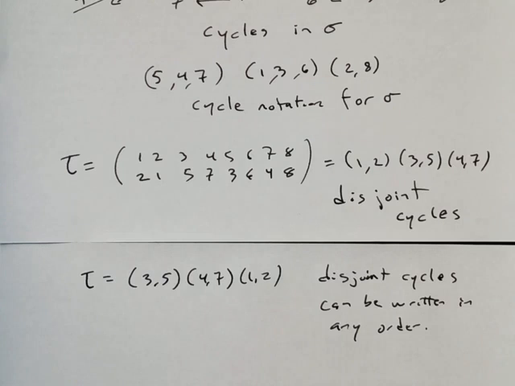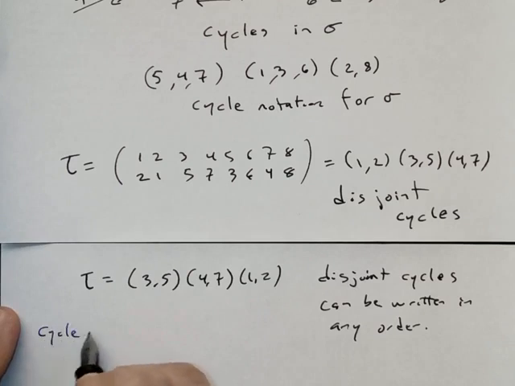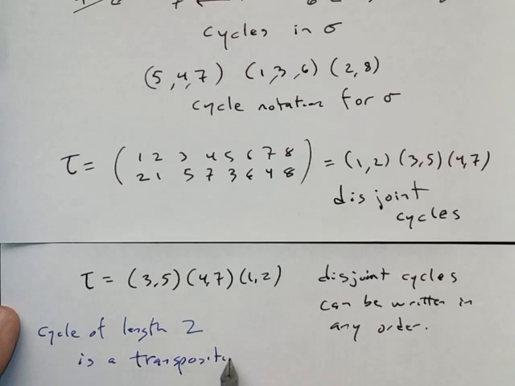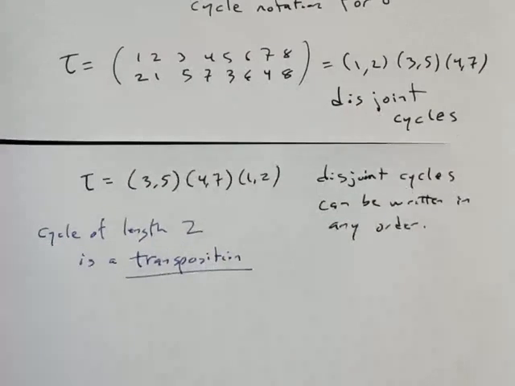Questions? So far, so good. Cycles of length 2 get used a lot, so they get a special name. We call them transpositions. The length of a cycle is the number of things in that set of parentheses.